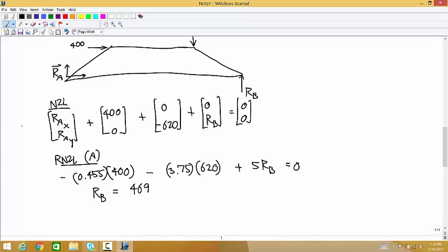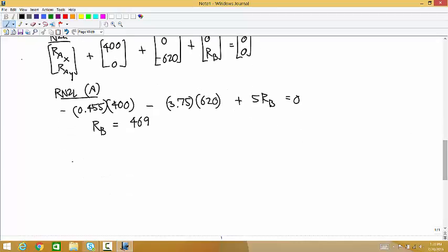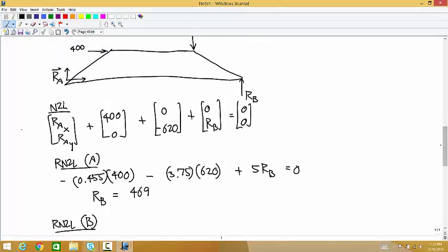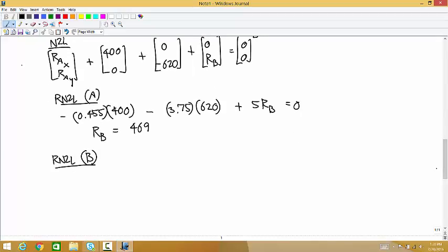Okay, so now let's do it with the about point at B. So you have negative 5 RAY minus 0.455 times 400.